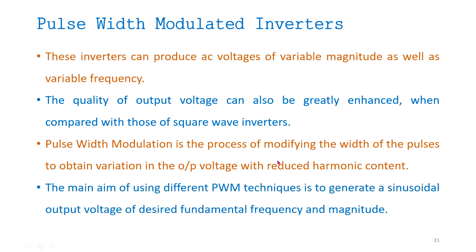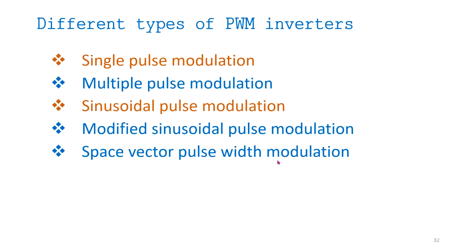The aim of using different PWM techniques is to generate a sinusoidal output voltage of desired fundamental frequency, and I just spoke about that in the above sentence. Why do we need this? Because it's the basic requirement. All the systems are designed for sinusoids.